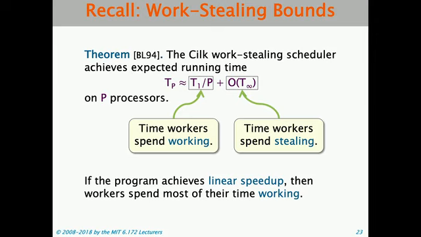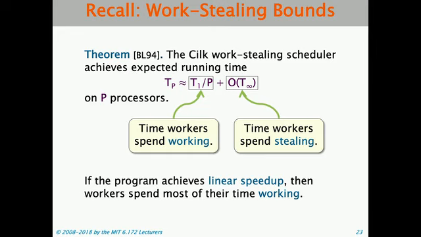Well, if we take a look at the work stealing bounds for Cilk, Cilk's work stealing scheduler achieves an expected running time of T sub P on P processors, which is proportional to the work of the computation divided by the number of processors, plus something on the order of the span of the computation. Now, if we take a look at this running time bound, we can decompose it into two pieces.